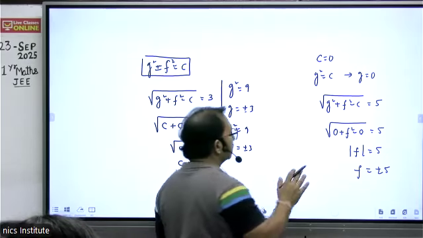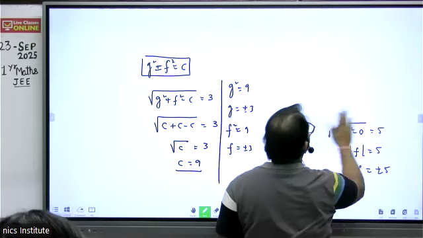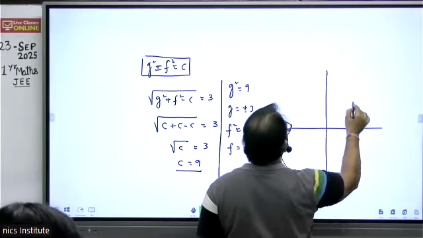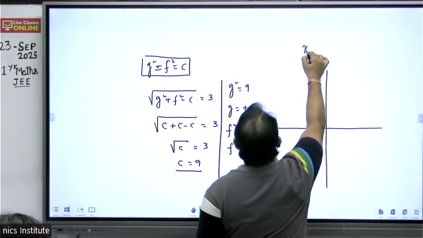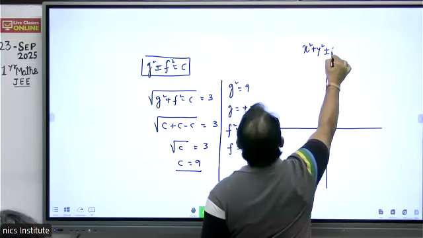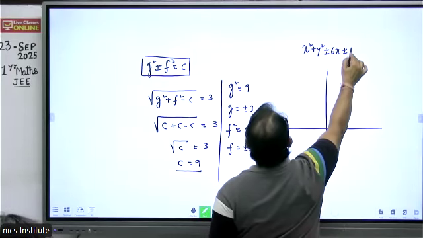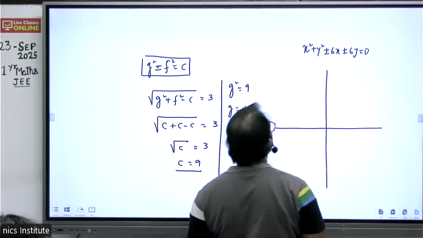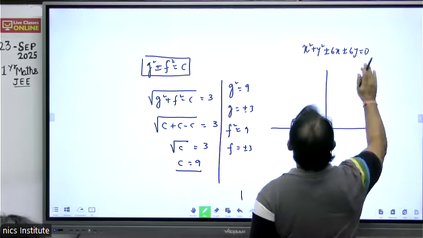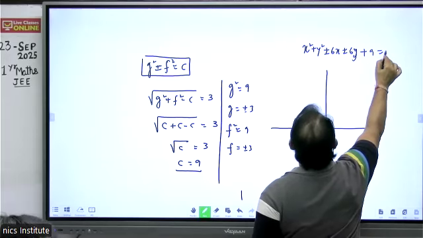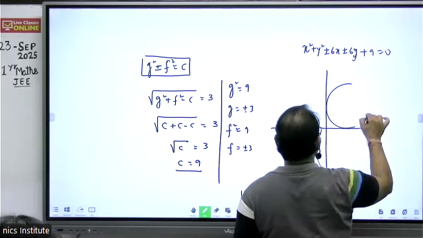For 4 circles, x² + y² + 2gx, मतलब ±6x ±6y + c. So one circle is here.